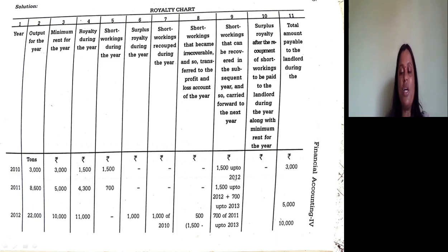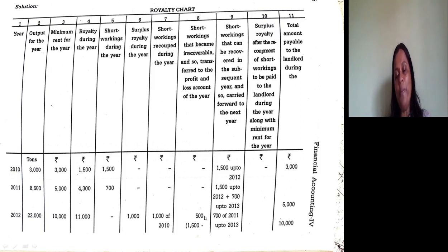See, if you look at this chart, it is very clear. 1,500 is carried forward, so in short working account, by balance. Here 1,500 plus 700 is carried forward, so in short working account we will record it as by balance. Here only 700 is carried forward and 500 is transferred to profit and loss account.